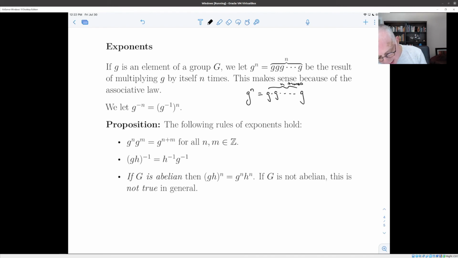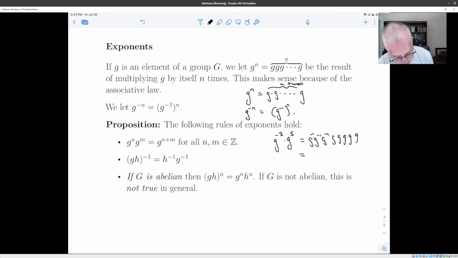And we let g to the minus n stand for g inverse to the n. If you make those definitions, then the laws of exponents hold. So for instance, you can just check g to the minus 3 times g to the 5th is g inverse, g inverse, g inverse, g, g, g, g, g.